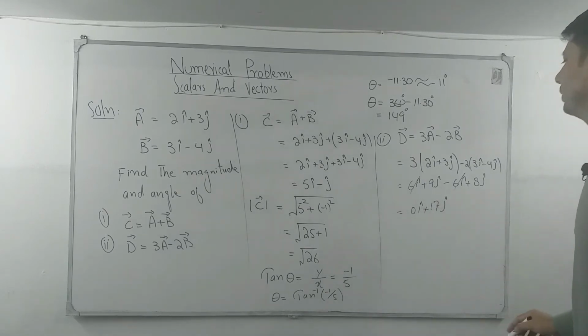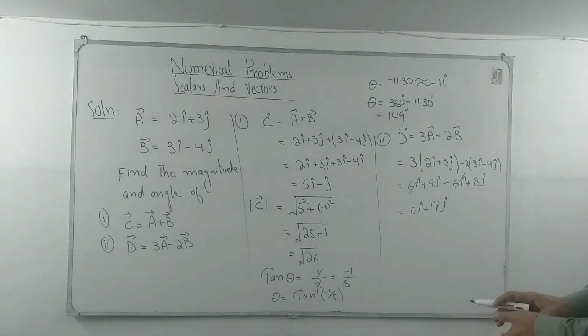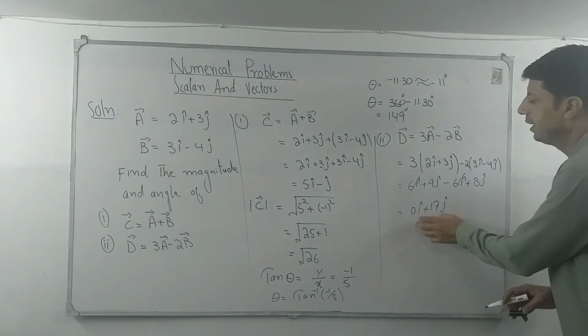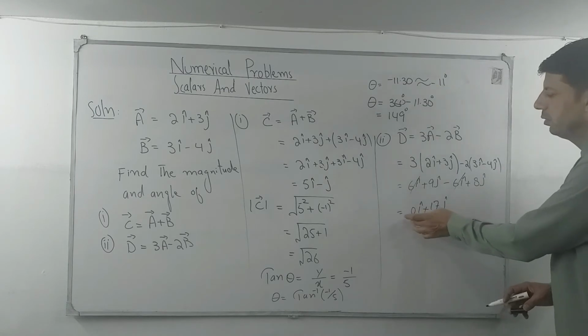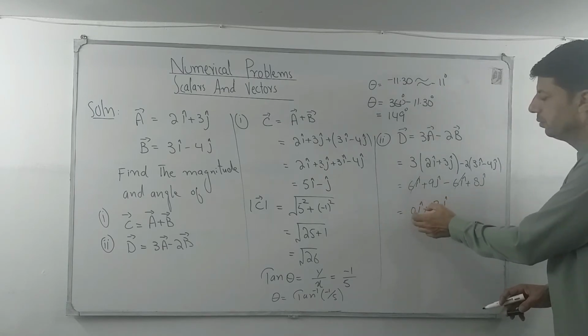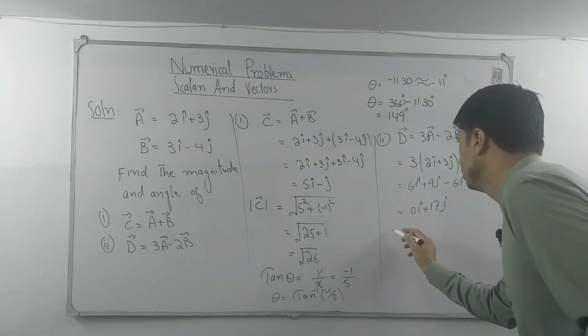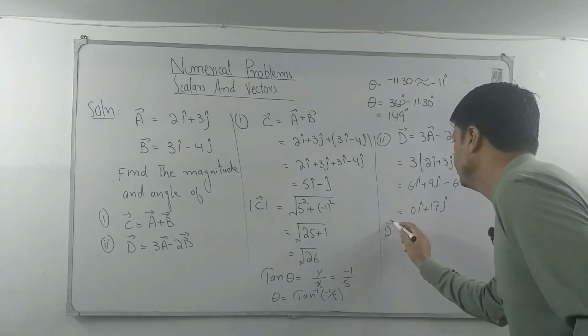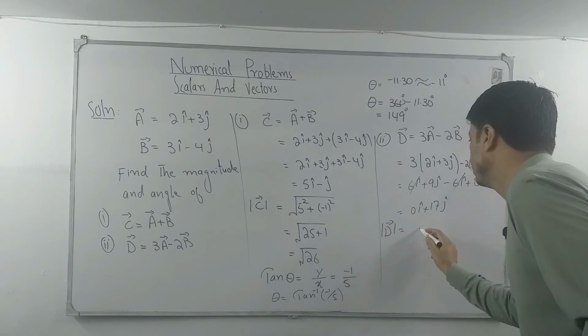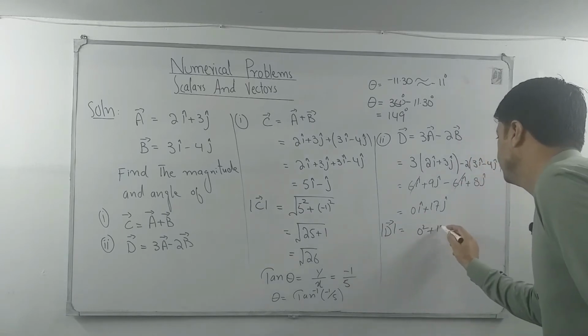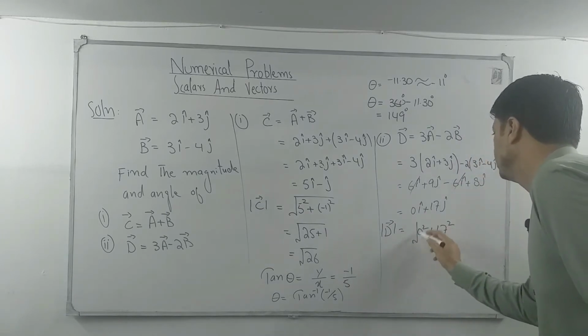Now this will make an angle of 90 degree. Why? Because the x-axis is 0 and the j is 17 units. So the magnitude of D is equal to 0 square plus 17 square under root.